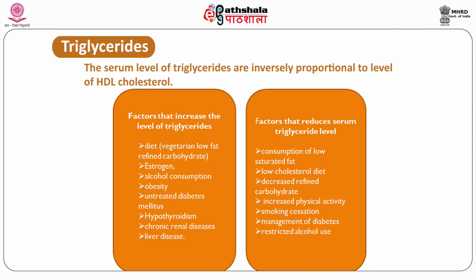Factors that increase the level of triglycerides include diet, estrogen, alcohol consumption, obesity, untreated diabetes mellitus, hypothyroidism, chronic renal disease and liver disease. Weight loss, consumption of a low saturated fat, low cholesterol diet, decreased refined carbohydrate, increased physical activity, smoking cessation, management of diabetes and restricted alcohol use all help in reduction of triglyceride levels.